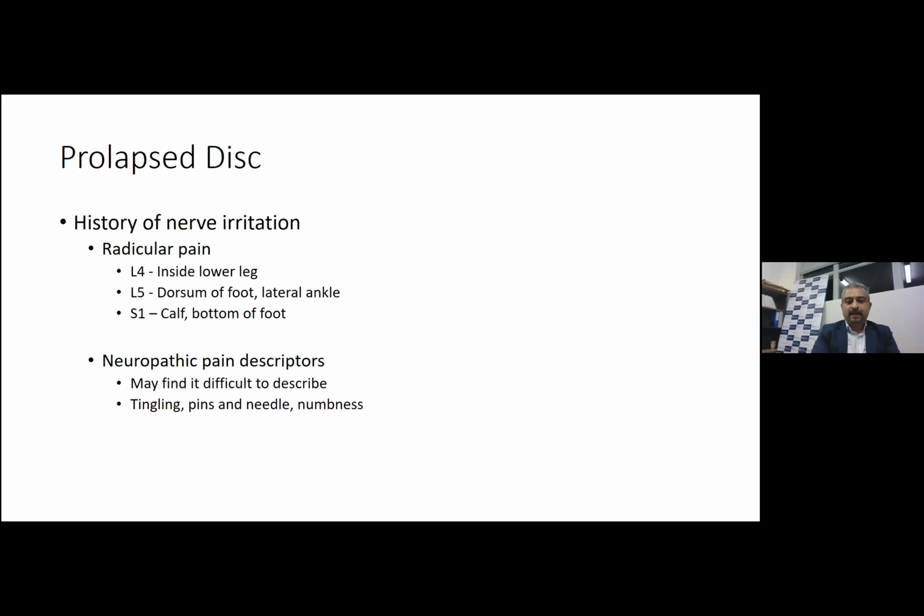In terms of the patient's descriptions, as I said, if it is symptomatic, and by that I mean the disc bulge is touching or irritating a nerve, then the patient would have pain in the distribution of that specific nerve root. Neuropathic pain descriptors would be pins and needles, a tingling sensation, feeling numb.